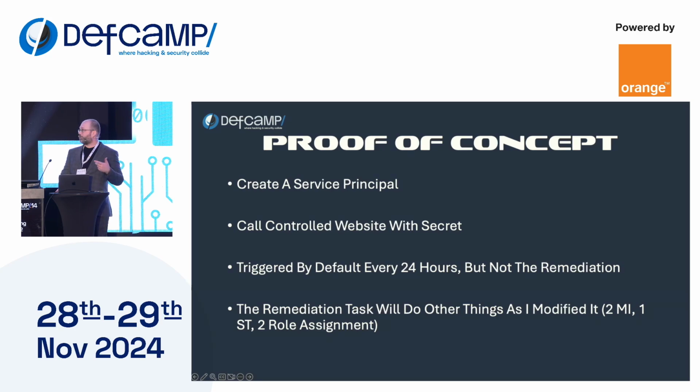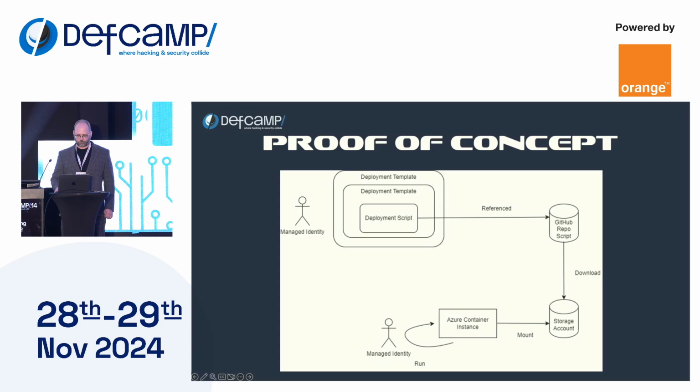The policy itself, as I mentioned, runs every 24 hours, but I will talk about the problem as well, that the remediation task only runs once, and that's the biggest problem. Because I was experimenting with the script, in the video you will see additional tasks, like I create two additional managed identities or another storage account, and so on.